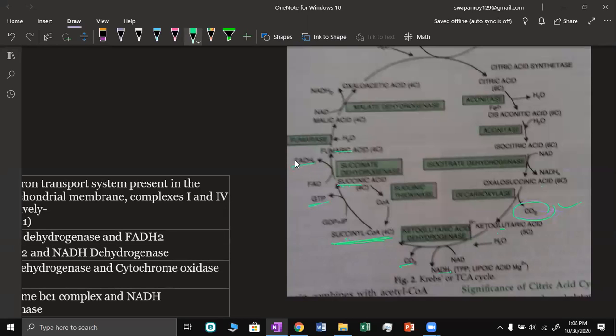This photograph is not very clear. This is FADH2 from FAD. Then fumaric acid to malic acid, there is no formation of any reduced coenzyme. Malic acid is converted into oxaloacetic acid. Here NADH2 is produced.